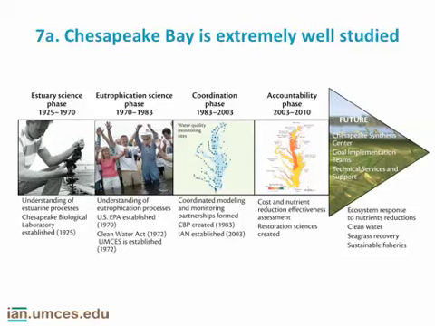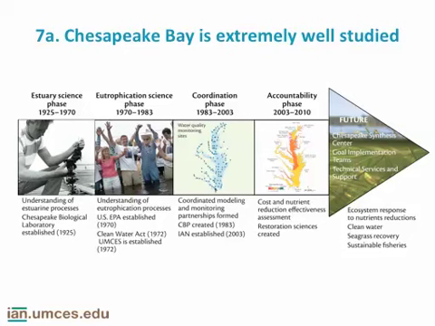And then finally, Chesapeake Bay is extremely well studied, and this is a diagram that shows the different phases of Chesapeake Bay science. An estuarine science phase that occurred from 1925 to 1970, and that's where the focus was understanding estuarine processes. The eutrophication science phase followed, and that's where the nutrients that were affecting the bay were elucidated as a major issue.